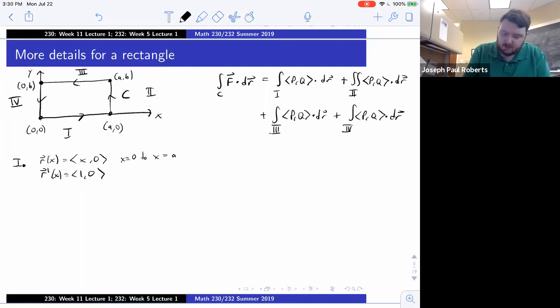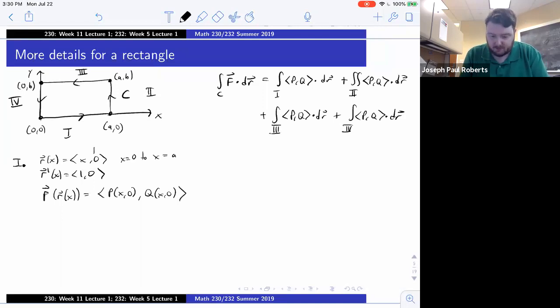F of R of x, just because that's the notation we used last week, is P of x0, Q of x0, because notice that y is 0 on this entire first piece.